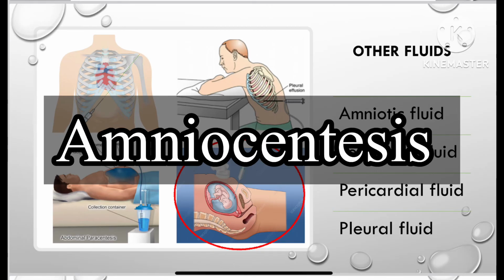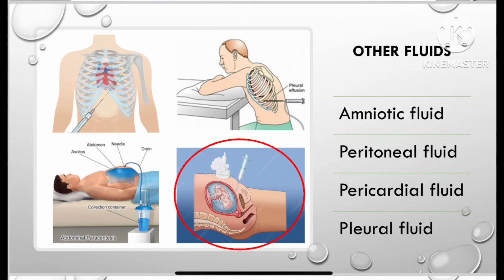Family history of chromosome abnormalities such as trisomy 21 for Down syndrome. The parents carry an abnormal chromosome rearrangement, or if the parent is a carrier of a metabolic disorder. And also to assess if the fetus lungs have already matured. So that's for fetal lung maturity.